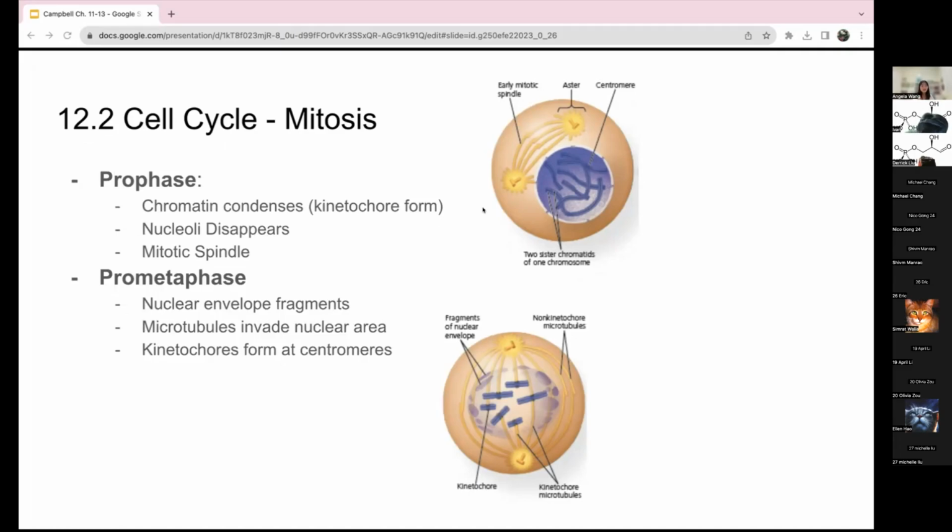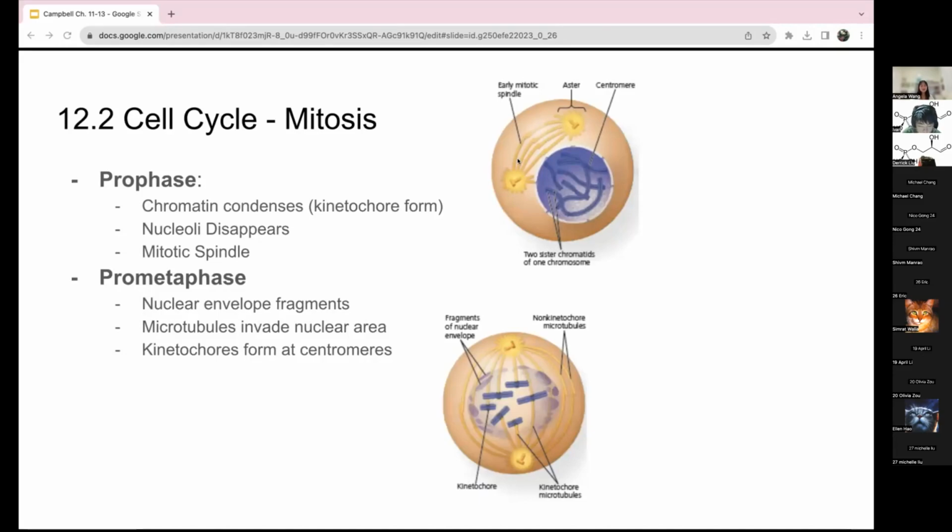The nucleoli, which is in the center of the nucleus, also disappears. And the mitotic spindle begins to form and assemble from centrosomes, and this mitotic spindle consists of the centrosome and its microtubules that are growing out. Here is some early mitotic spindle that is forming.